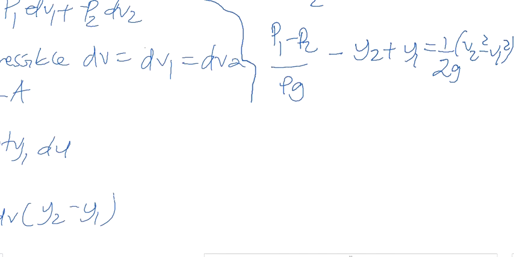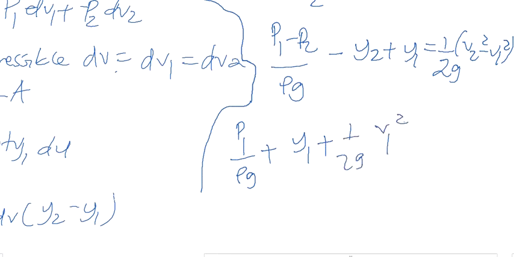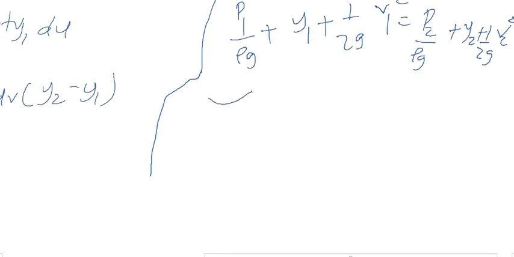Rearranging this equation, P1 over rho g plus y1 plus 1 over 2g V1 squared will equal P2 over rho g plus y2 plus 1 over 2g times V2 squared. This equation is Bernoulli's equation.